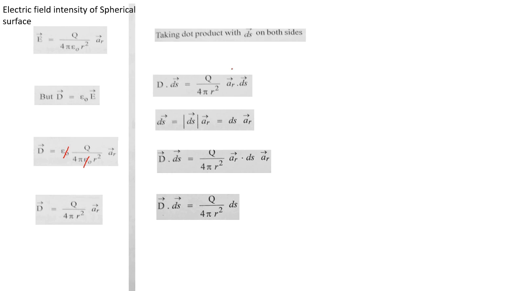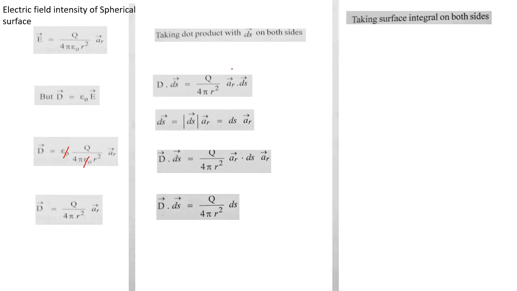So again, what is the step? Remember Gauss law, we are taking the LHS, the surface integral of D vector dot ds. So for the previous equation, take the surface integral on both the sides. We take the closed surface integral of D vector dot ds is equal to the closed surface integral of Q by 4 pi R square into ds.